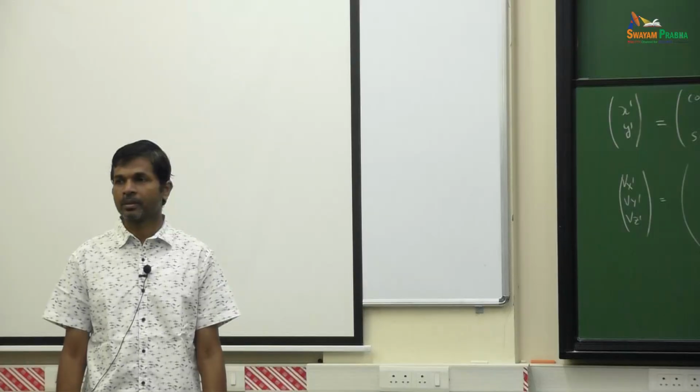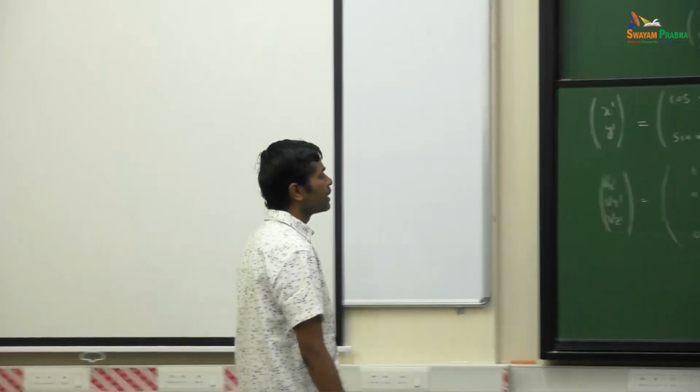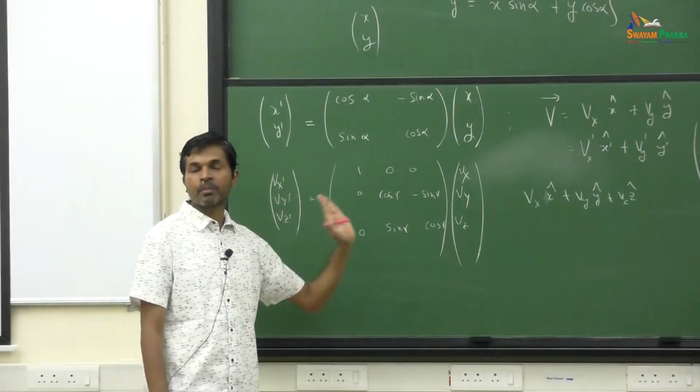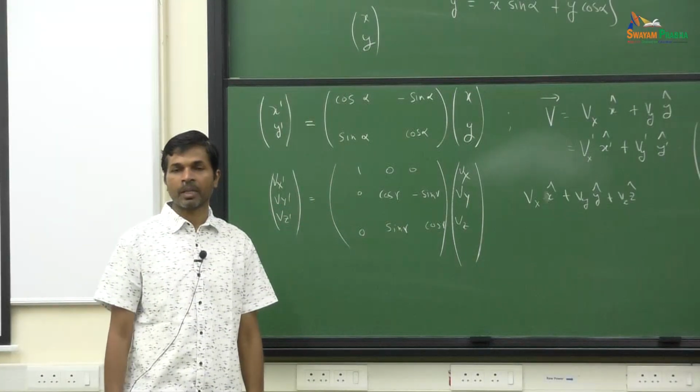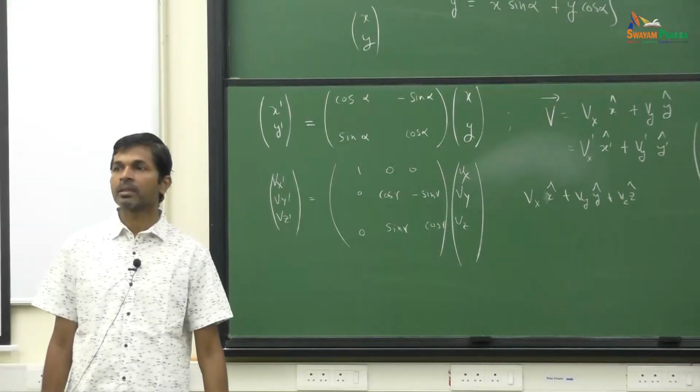How can we prove that there are 3 and only 3 parameters when you perform an arbitrary rotation and nothing else? Yes. Sir, the vector in 3D space can make angles alpha, beta, gamma with axes x, y, and z. So the rotation in any angle can be expressed in these 3 forms.